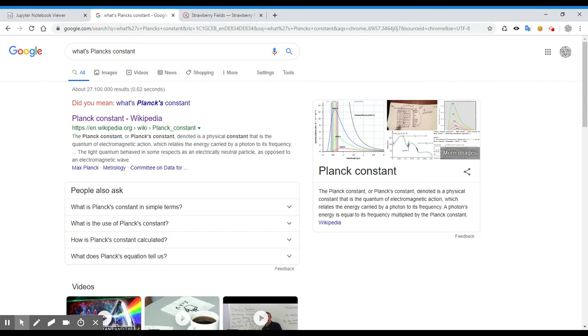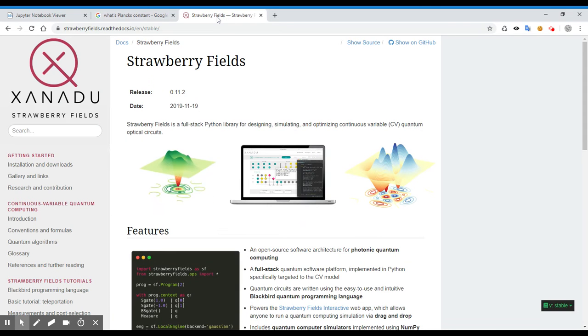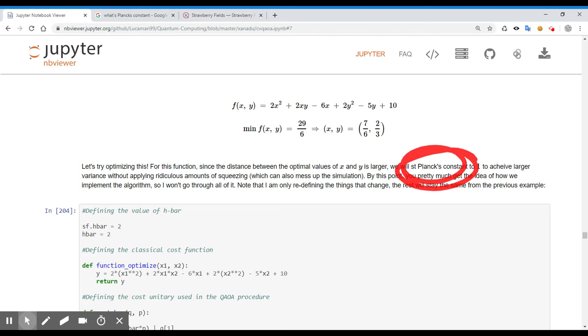Okay. So that actually regulates the frequency of the photon waves, I guess. So you can tweak that, for larger variance without applying ridiculous amounts of squeezing, which can also mess up the simulation.